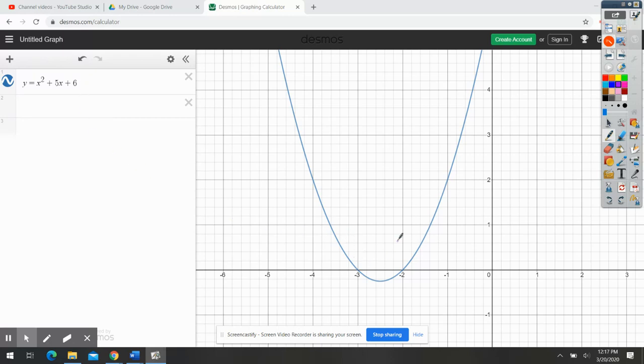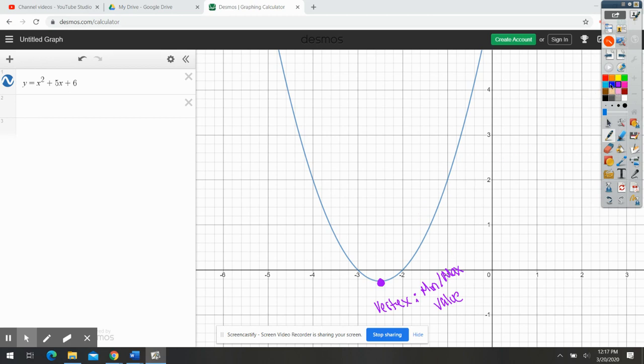This is what the graph looks like. I'm going to go through labeling the different pieces. So right here is what's called our vertex point. Our vertex is our minimum or maximum value.